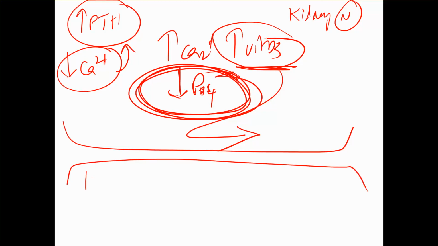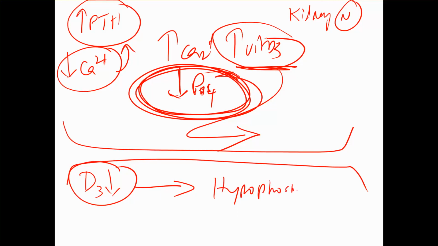So if vitamin D3 is a primary deficiency, like in rickets, they directly cause hypophosphatemia. Understand? When there is severe hypophosphatemia, that is also a serious problem encountered in vitamin D3 deficiencies.